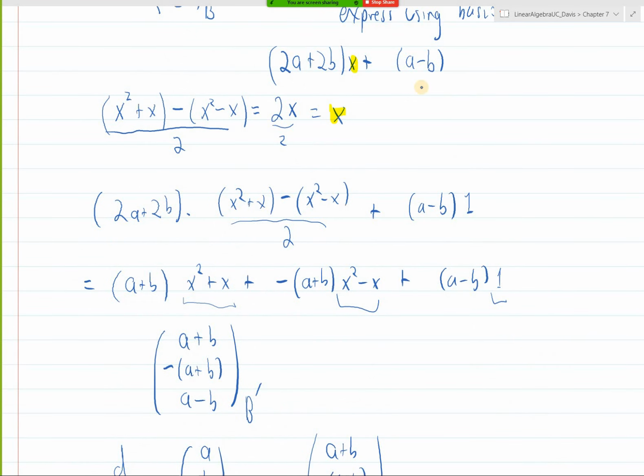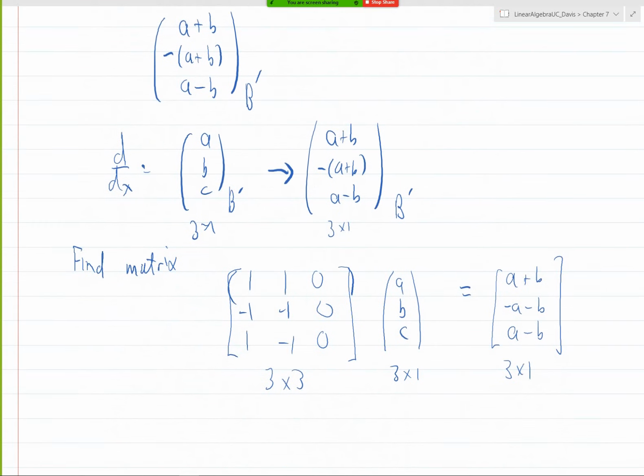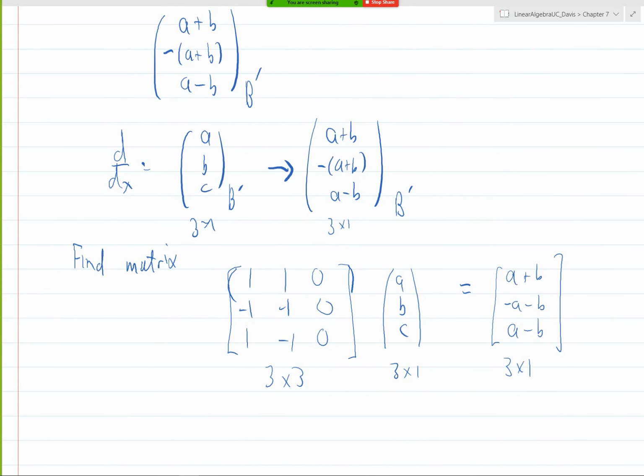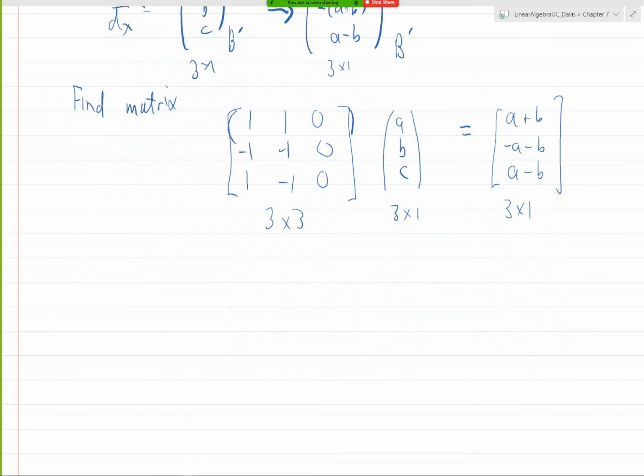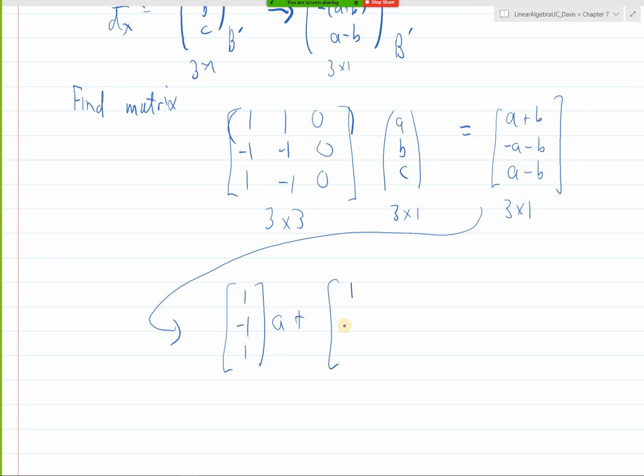Now you can actually go by column too. Just notice here, I think we mentioned this before, but if I write this left-hand side like this, I can write it as 1 minus 1, 1 times A plus 1 minus 1 minus 1 times B plus 0, 0, 0 times C, right?